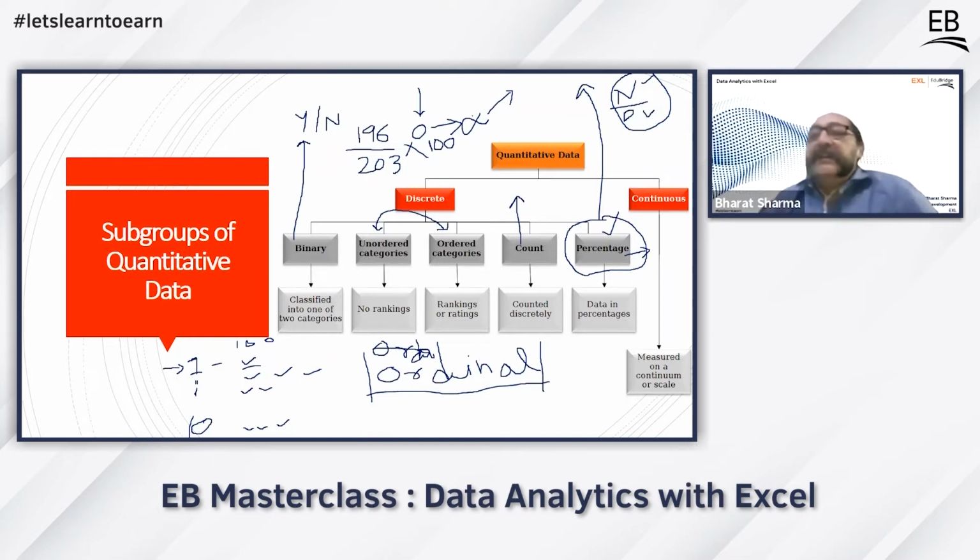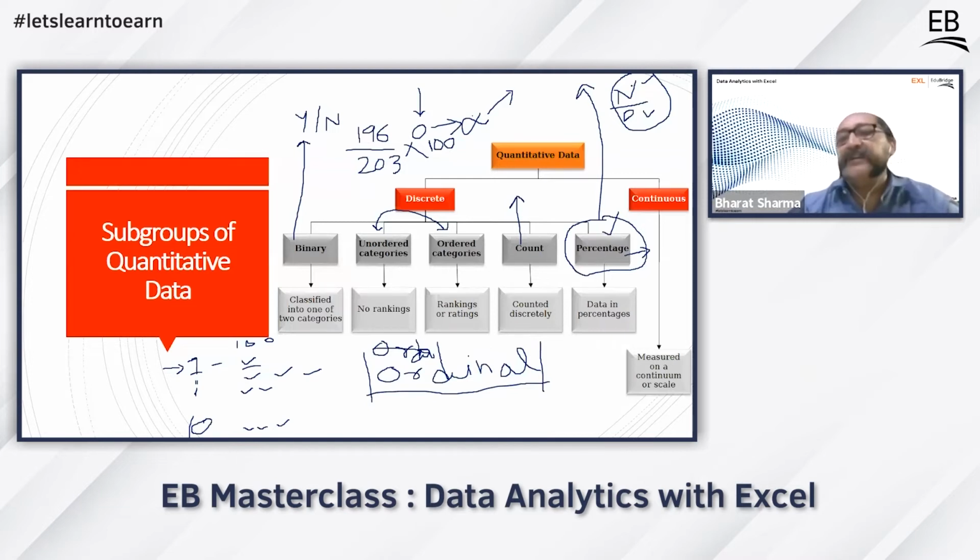Now, why is this an exception? Because sometimes the numerator and denominator subgrouping helps us decide what is going to be the output. Now, there are three combinations that are possible when we derive a percentage.